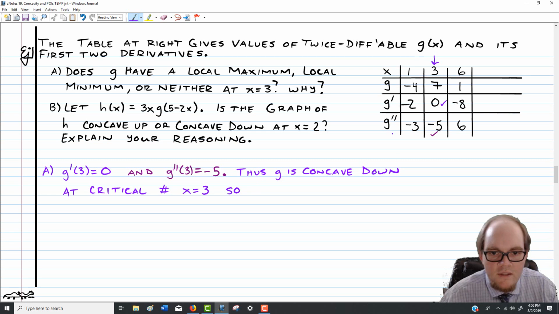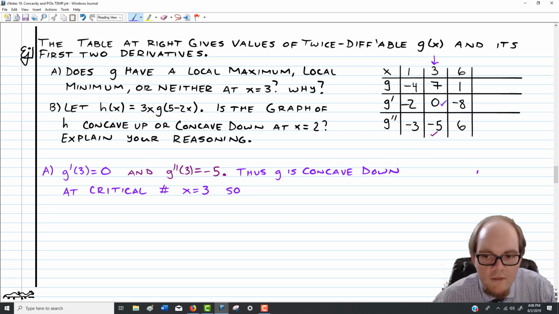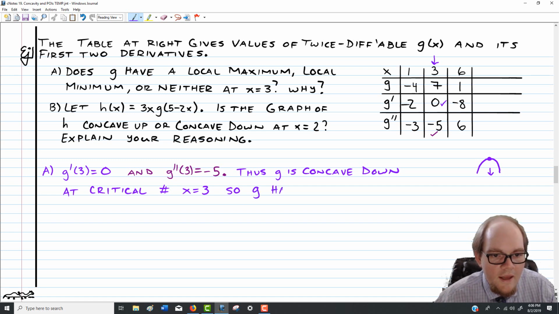So that means, let's think about this. Concave down, critical number, that looks like we have a maximum. So g has a local maximum at x equals 3.